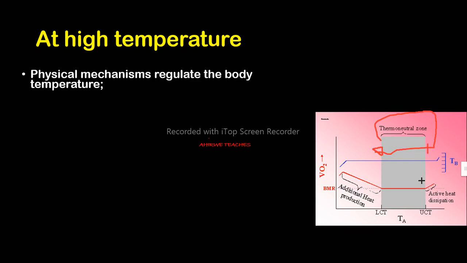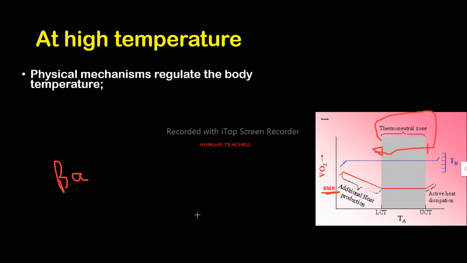The metabolic rate is low. Okay? So it's not increasing. It is on the BMR, the basal metabolic rate. BMR, basal, means the metabolic rate that is responsible for normal functioning of vital organs. Okay? That is metabolism at rest.